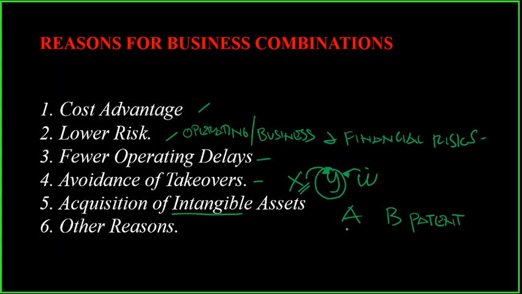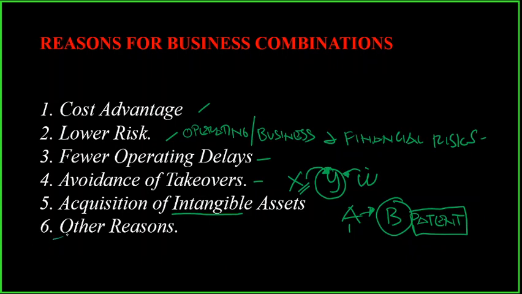So instead of A developing this vaccine, maybe A tried to develop it but was not successful. So what A can do is purchase the patent, or just purchase B, who already owns the patent for this vaccine. Things like that.